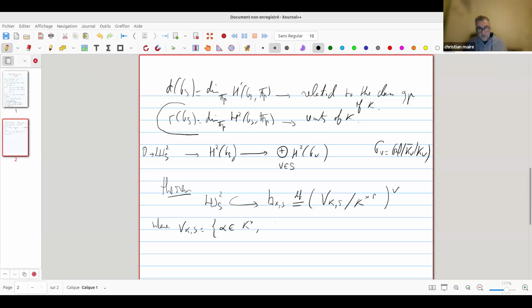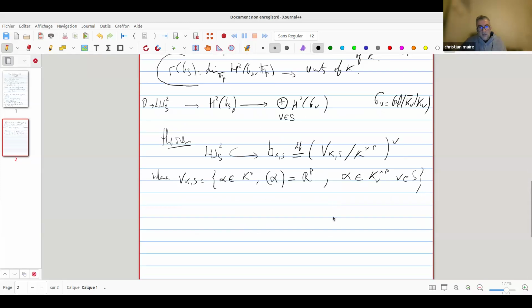If we look at the ideal generated by alpha, it is the p-th power of a certain ideal, as a fractional ideal. And moreover, this set of numbers was introduced by Ravi, but here we have a set S. So we have an extra condition that alpha is a p-th power in the local completion at S.